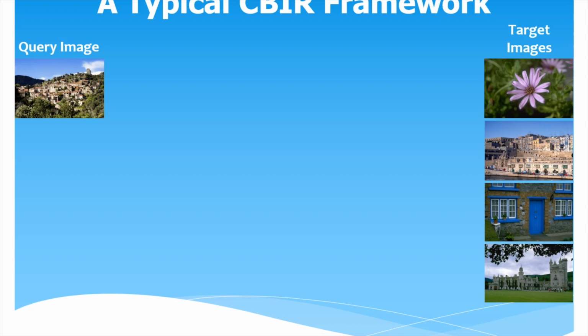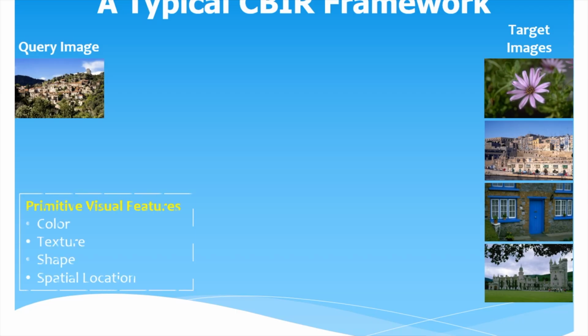First, primitive visual features such as color, texture, shape, and spatial location are extracted from these images. In our project, we extracted the color feature, which is the normalized 6-bit color-coded histogram counts.